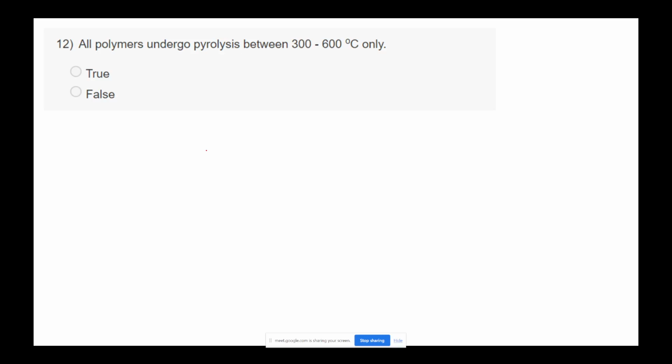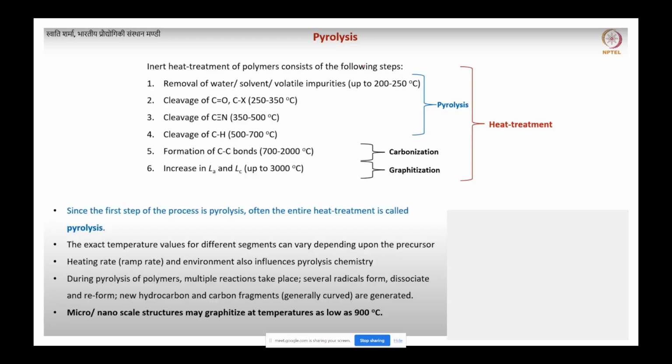So the next question is, all polymers undergo pyrolysis between 300 to 600 degrees centigrade. I don't think so, that all polymers will go through pyrolysis at this fixed temperature. So it is not very true. Here you can see the exact temperature for different segments depends on the precursors, the heating rate and the environment we are using.